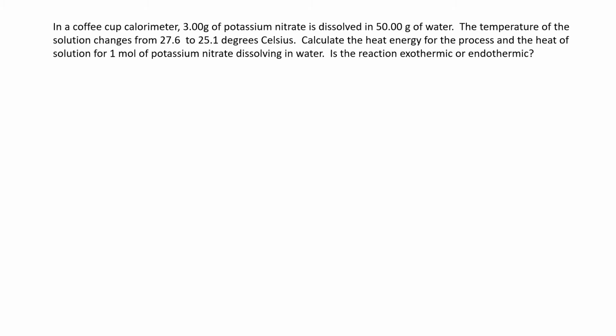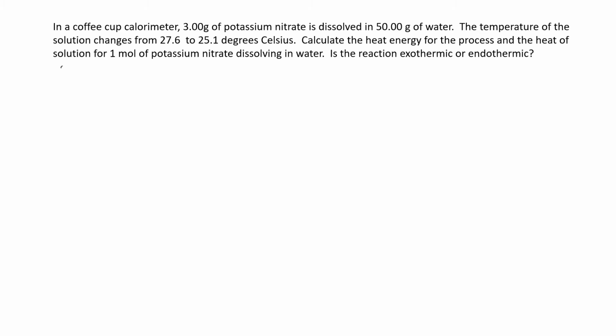We're asked to calculate the heat energy for the process and the heat of solution for 1 mole of potassium nitrate dissolving in water, and then classify the reaction as either exothermic or endothermic, and that is going to be determined by the sign of Q and delta H.